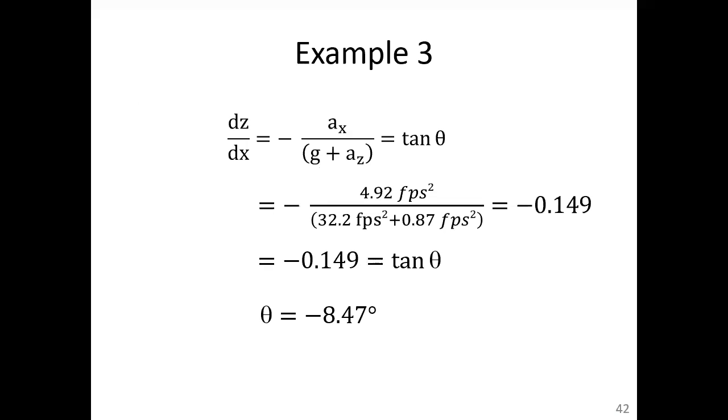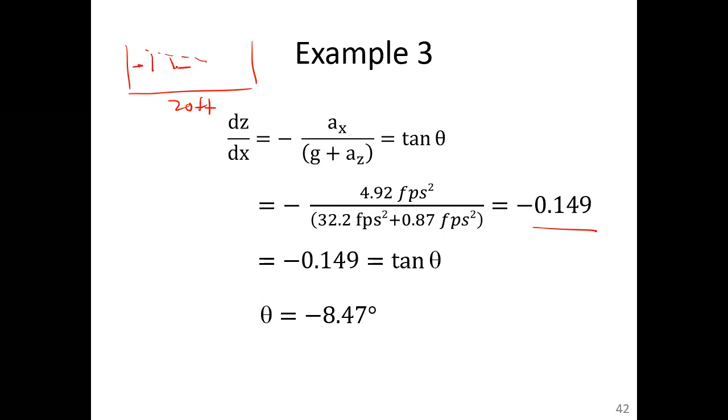And now we can calculate what the tangent of theta would be, that is the slope of the surface. So again, knowing AX and AZ, we can calculate dz/dx is minus 0.149 feet. What does that mean? Again, we have this container that's 20 foot in length, and dz/dx equal to minus 0.149 means that if you go horizontally 1 foot, vertically you have lost 0.149 feet.